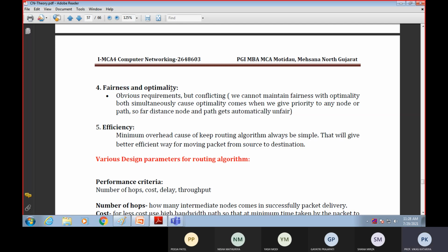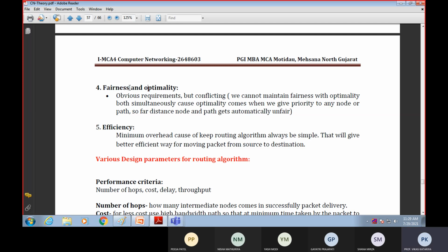And optimality tells us we have to select a limited number of nodes for making the effective path. Both are in contrast to each other. If we want to achieve fairness, we should avoid optimality. And if we want to achieve optimality, we should avoid fairness.